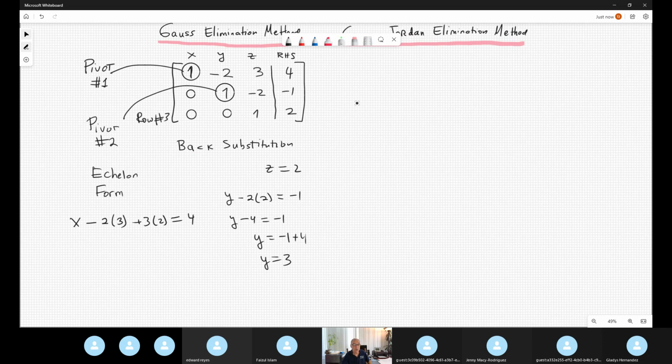That's the equation, the row number 1. This is x, this is 6, and it's by coincidence 6. It says x equals 4. And the solution is the ordered triple 4, 3, 2.